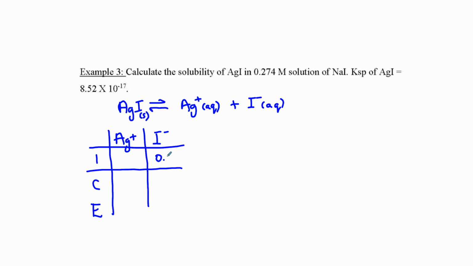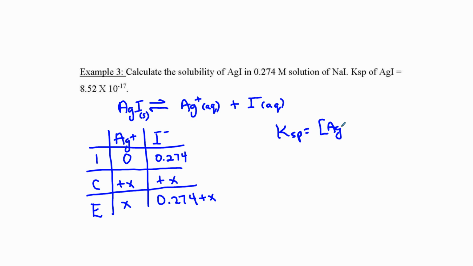So I'm going to put that in here, whereas the silver, there's no silver in the beaker before I add this, so it would start at 0. We're going to go plus X, so we get this. Okay, so our KSP would look like this.